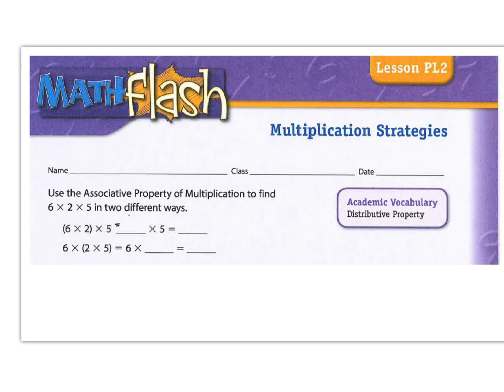So 6 times 2 equals 12, and then you do 12 times 5 is 60. But then if we do that again, you can see now the 2 times 5 is in parentheses. So 2 times 5 is 10. So then 6 times 10 is 60. So same thing, just the associative property means you can move those parentheses around.